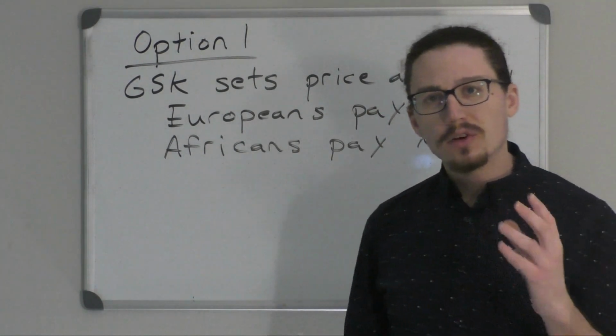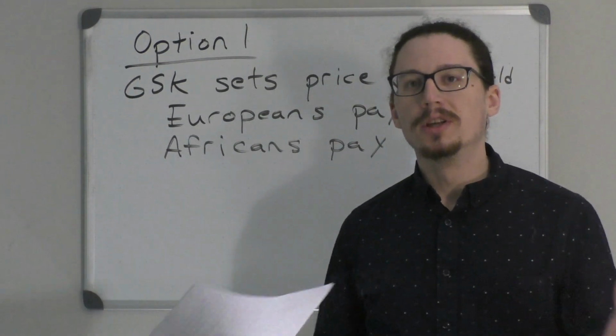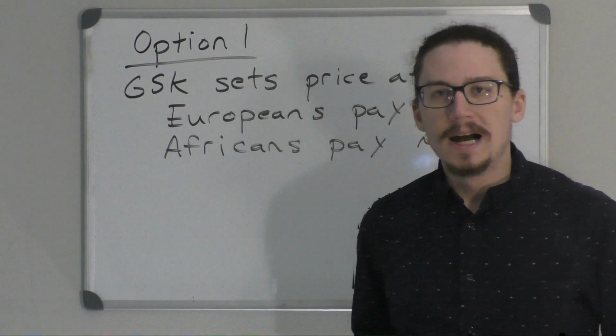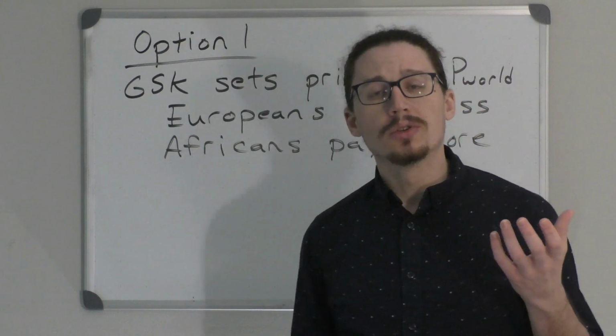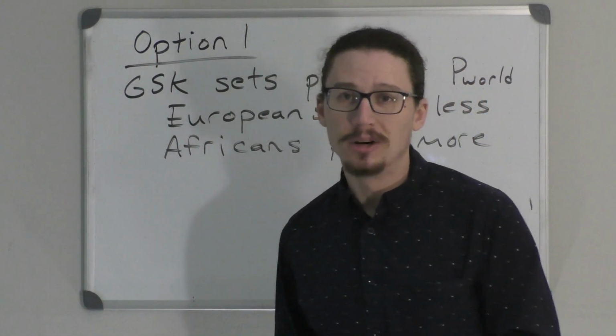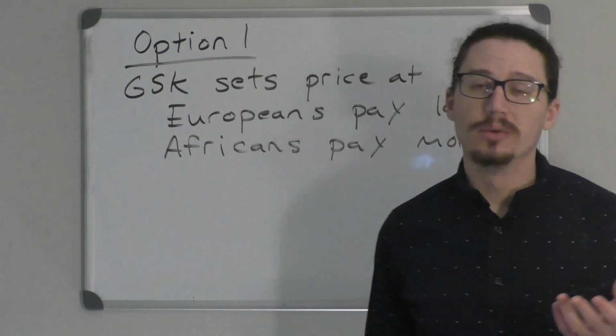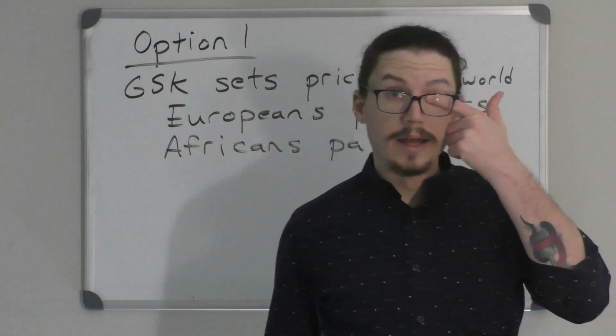Ideas about fairness aside, if we're looking at the benefit, we would really be looking at total surplus. The change in total surplus is going to depend on how much it benefits Europeans versus how much it hurts Africans.